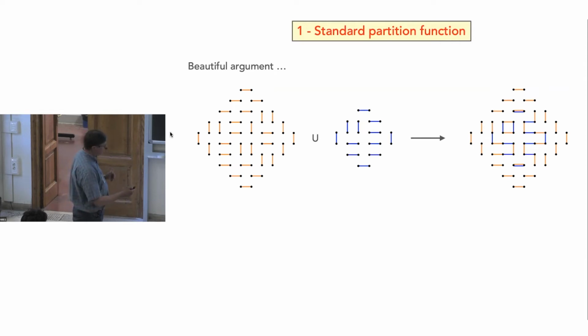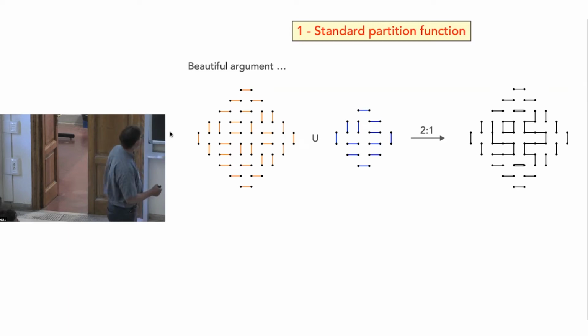And now you forget about the colors. You get this, and you soon realize that if you forget about the colors, you don't really know, in particular for the loops, which tiling or which perfect matching gave which edges, because these two could have been turned around, and you would get the same uncolored loop, which means that for every loop you get a factor 2, and in this case you have a 2-to-1 correspondence.